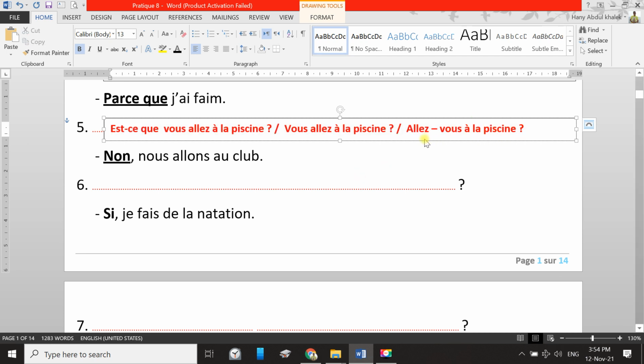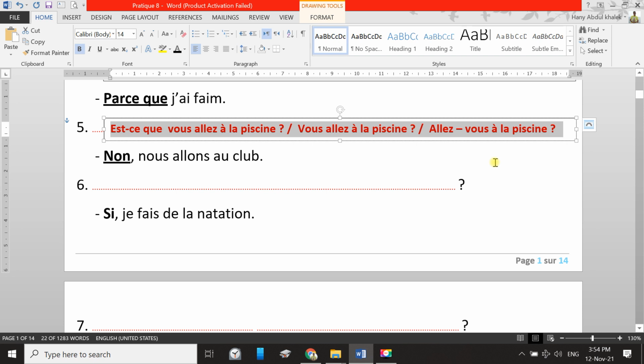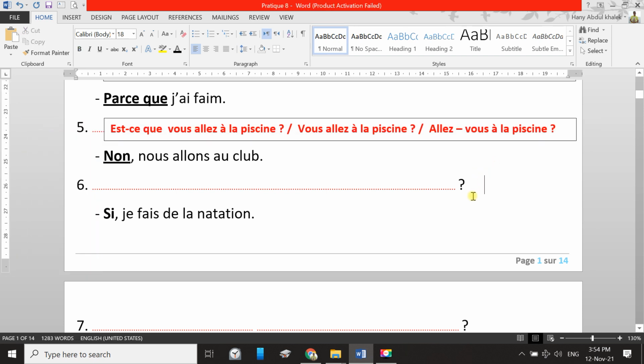It's like in English, do you go to the swimming pool? So here we can use est-ce que vous allez à la piscine? Vous allez à la piscine? And here, allez-vous à la piscine? It's the same meaning, but we use many ways. There is a difference between these three ways, but it's something you don't need, you just want to speak. We are studying the general French. We are not explaining the grammar rules, typiquement comme la langue soutenue, la langue standard.